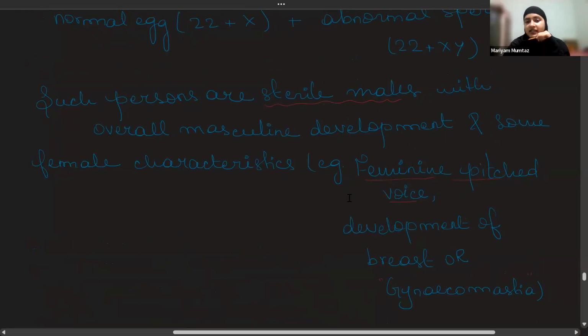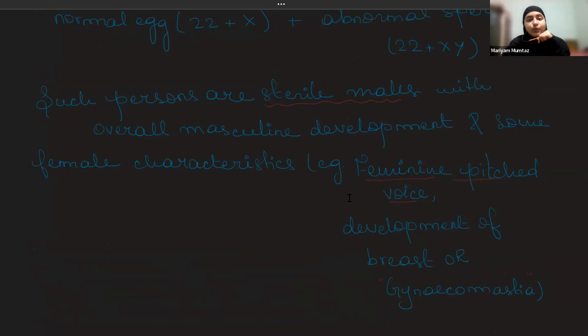Always remember that this takes place in males, and whichever male it is, he will be a sterile male with overall masculine development. He would look like a boy, but he would have certain feminine characteristics because of the presence of that extra X chromosome. Got it?